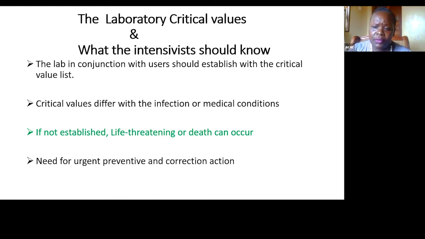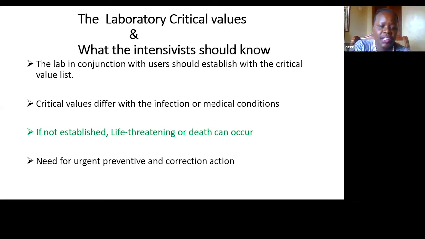What is preventive or what is corrective? For preventive, we want to look at those processes that will help us prevent a particular condition from happening. So for anybody to fully understand what to prevent, they should have a risk assessment. For instance, if we had this patient with this particular condition, what should we do?